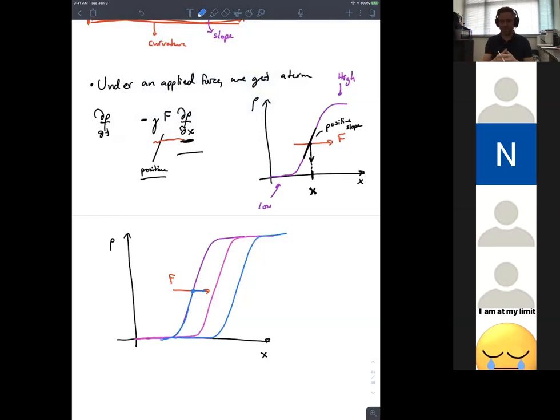Okay, and we were able to write down a differential equation, which given a concentration profile is just like Newton's laws. So just like Newton's laws are differential equations that allow you to predict the trajectory of a particle through space, the diffusion equation is a differential equation which allows you, given a concentration profile at some time, to tell how that concentration profile is going to evolve through time, either as a consequence of diffusion or an applied external force.